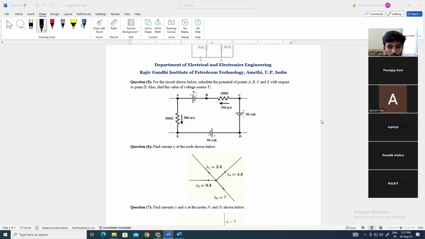Since there was a 350 milliampere current flowing through the 100 ohm resistor, the voltage drop between C and B is 350 milliampere times 100 ohm, that is IR. The voltage difference between D and C is 50 volts, and D and E is 50 volts, and A and E is 500 milliampere into 200 ohm volts. And finally the voltage between A and B is V1 volts. If we know V1, we will know almost everything. Right.